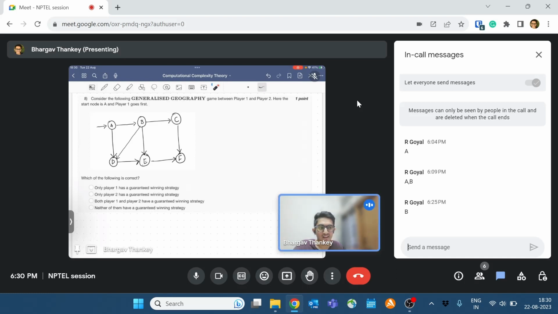And by winning strategy I mean that player i should always be able to do this. So there exists a move for the first player, such that for all moves of the second player, there exists a move of the third player, and so on, such that the second player ends up in a state from where they cannot leave. That's the meaning of winning strategy. Basically, regardless of what player two does, I am guaranteed to win.